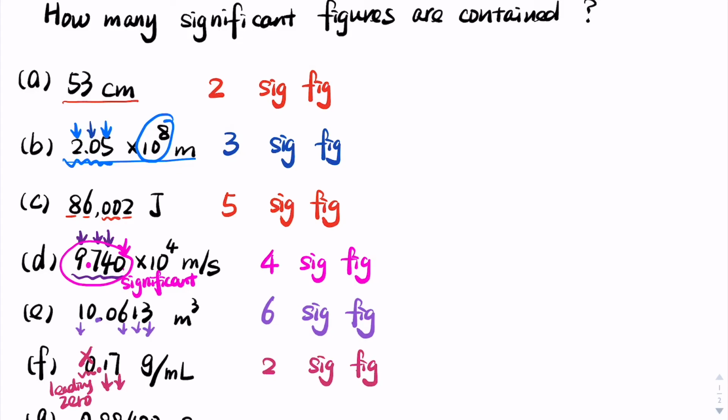The reason for that, again, think about this 0.17. You can also express it with scientific notation. You can turn this same value into 1.7 times 10 to the power negative 1. As we talked about earlier, when you have that 10 to a certain power, we don't look at it. That's not going to affect the sig figs. We're only looking over here.